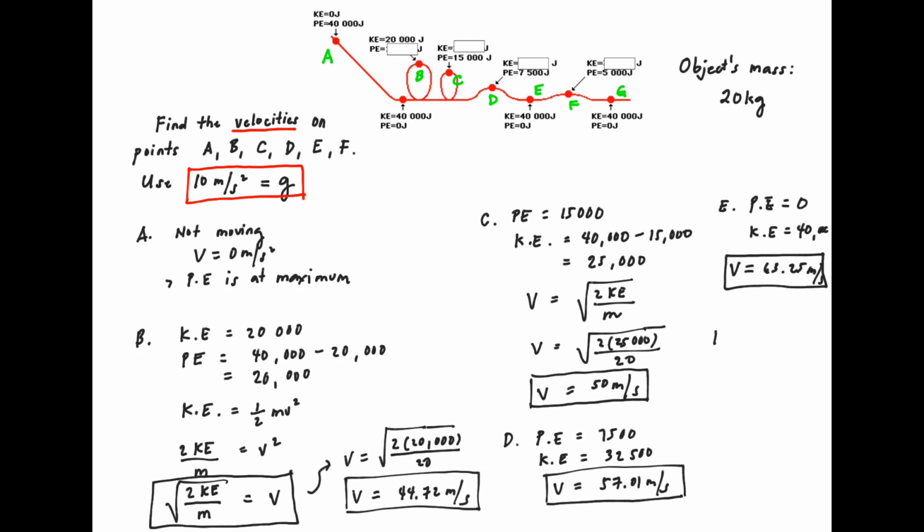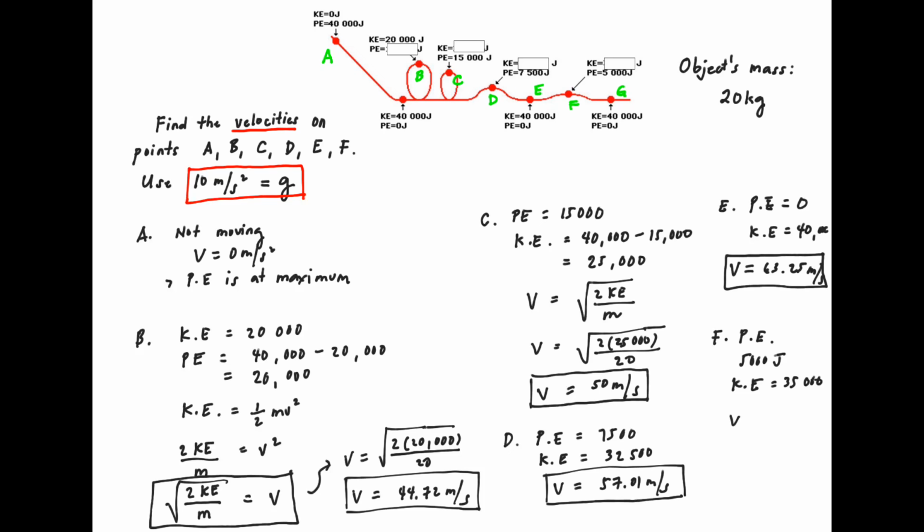Now for point F, potential energy for point F is 5,000. Now for the kinetic energy, we have 35,000.